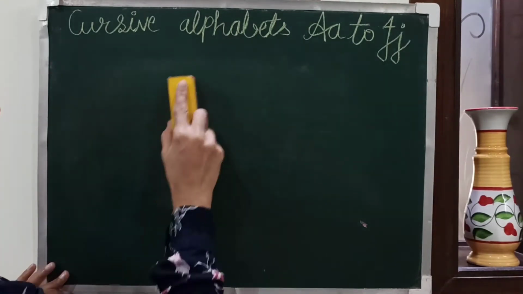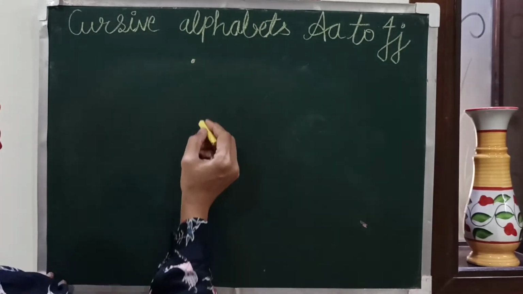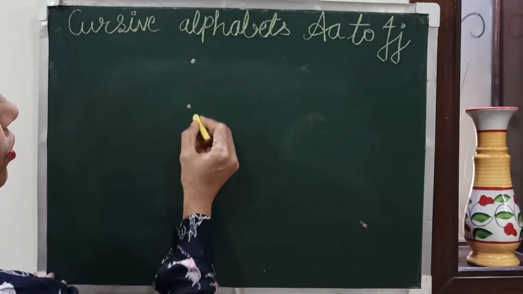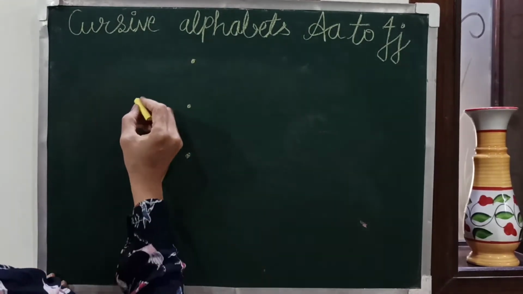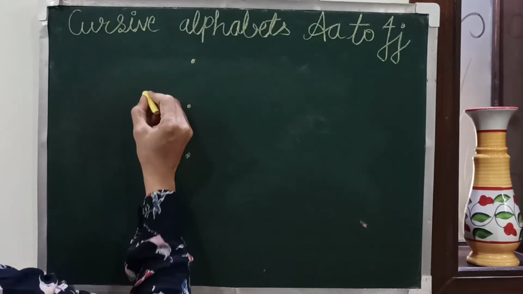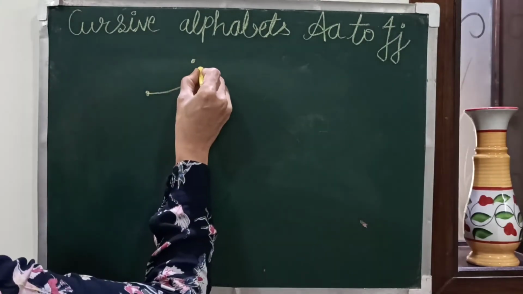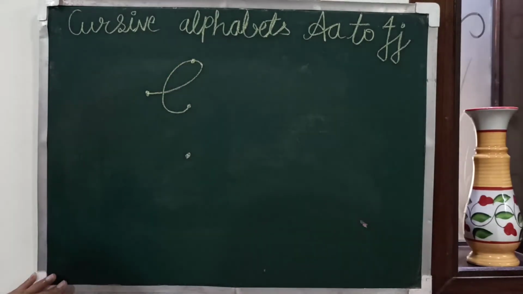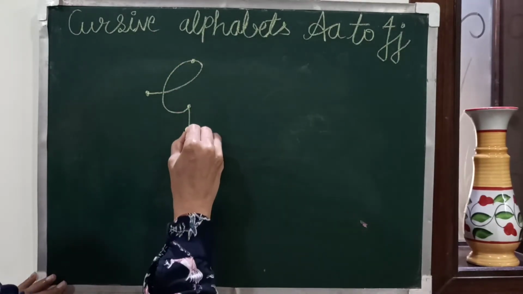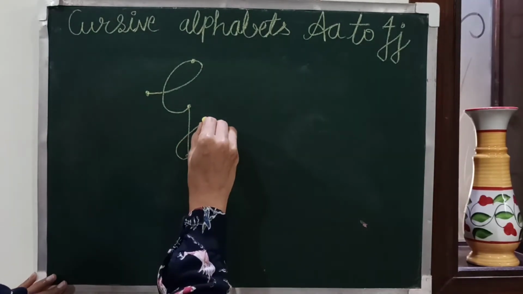Now alphabet G. For alphabet G, you have to give 3 dots here and 1 dot here. Starting from this dot, go up and make a C. Now come down, standing line and a turn.